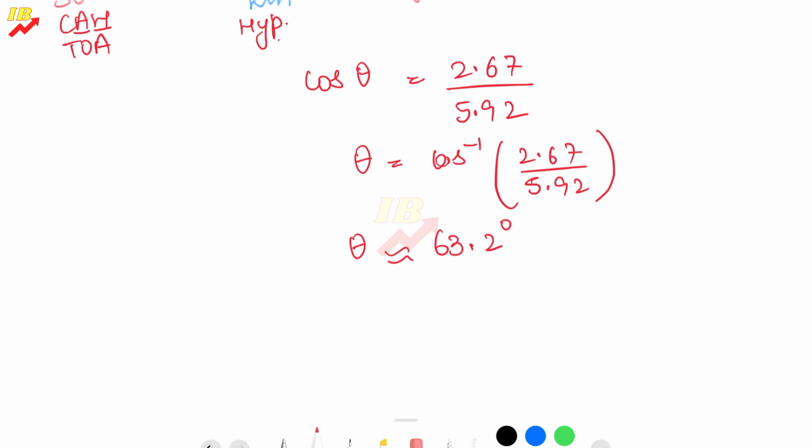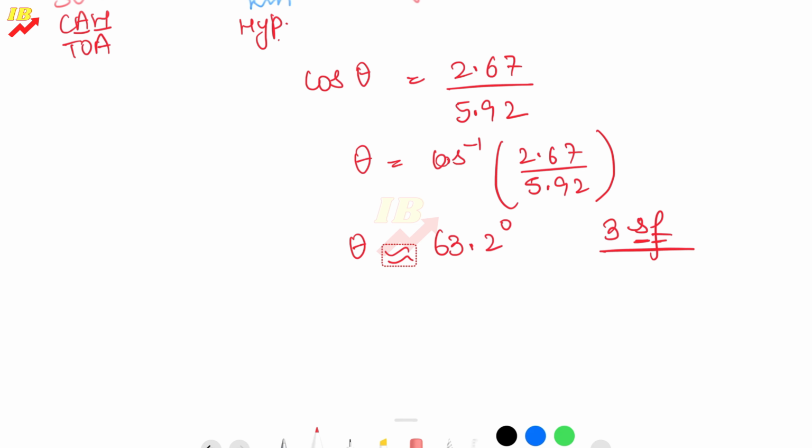I have written this answer in three places, right? Whether it is before the decimal or after the decimal, that doesn't matter. We need three significant figures for our answer. Three significant figures here means that you should have proper three numbers here, right? We need to round it off and give our answers in three significant figures.